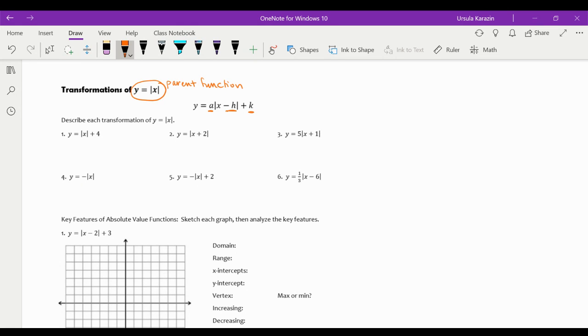And so if you recall, each of these causes something different, okay? So if a is negative, it will cause a reflection over the x-axis.